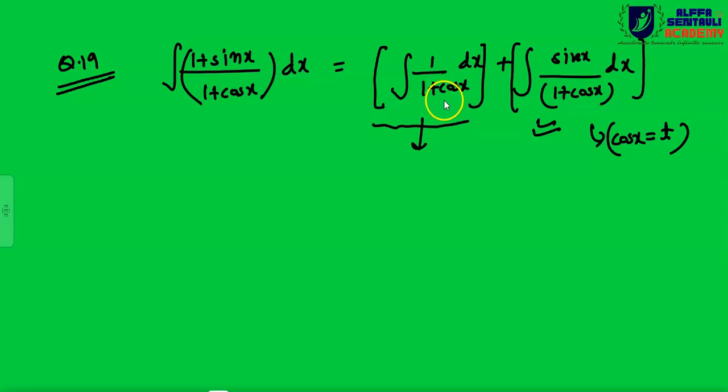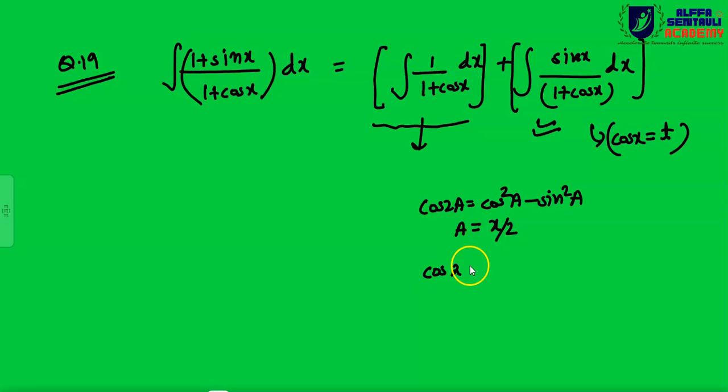So how will we solve this question? Now see, we know cos 2a is equal to cos square a minus sin square a. We want to find the value of cos x. If I substitute a equal to x by 2, then I get cos 2a as cos x.